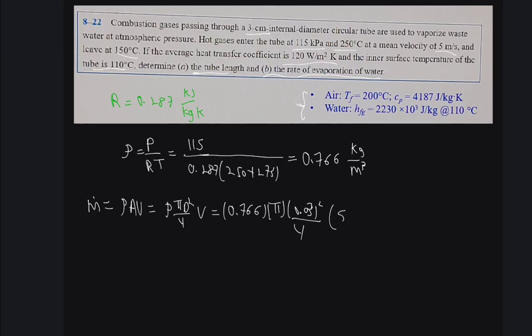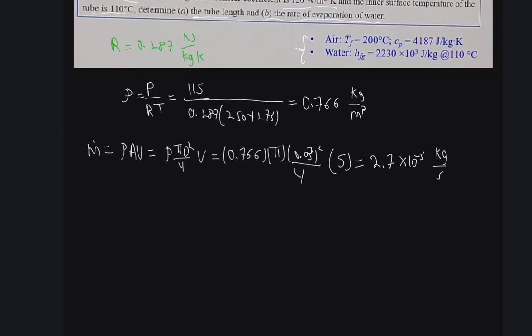So times 5, let's type all this into the calculator. We get 2.7 times 10 to the minus 3 kilograms per second.